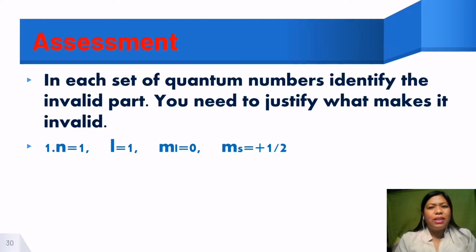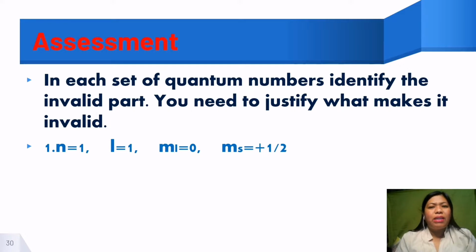So class, dito natin makikita na ang invalid entry ay ang value ng L. Dahil upang makita natin ang value nito, gagamitin natin ang formula ng n minus 1 upang malaman natin ang eksaktong value ng ating L gamit ang formula na n minus 1.